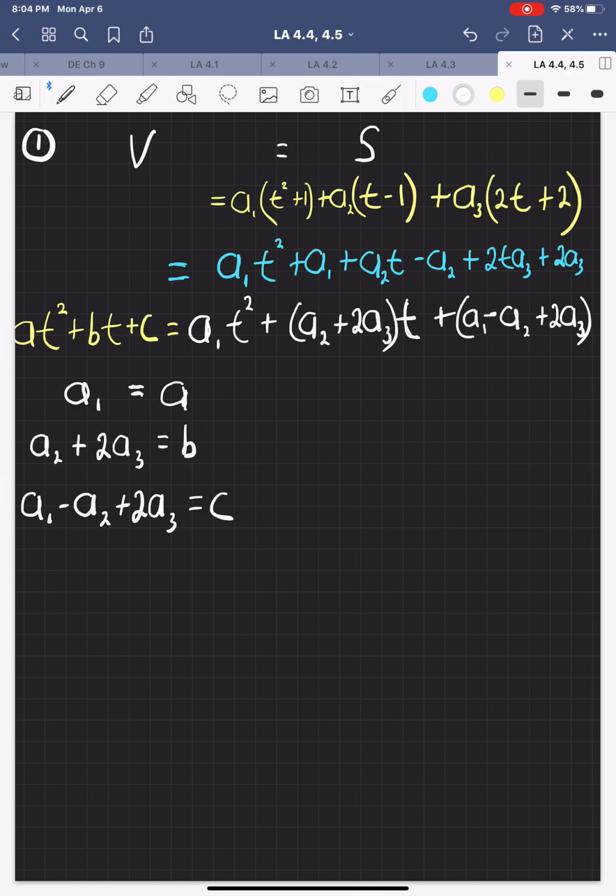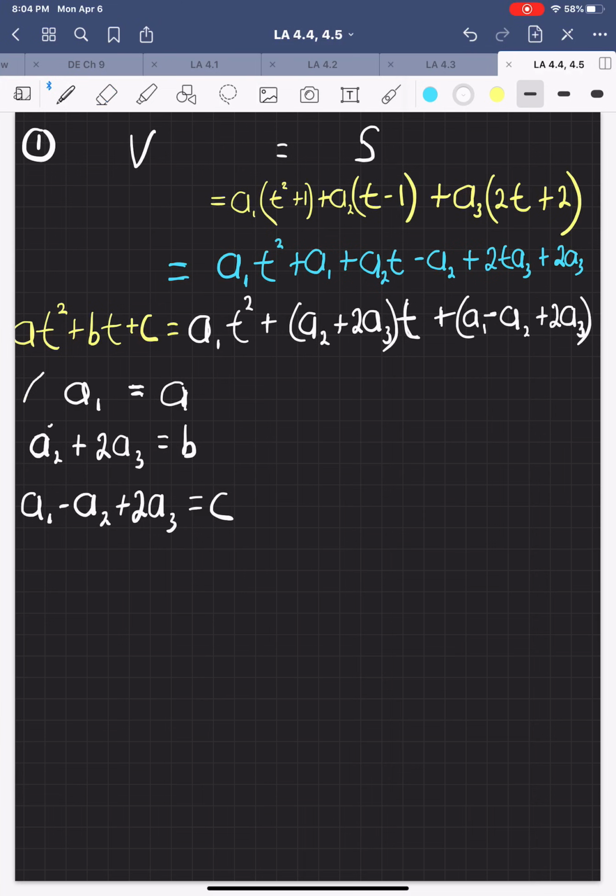All right. Now, let me finally show you what this new basis looks like, right? So let's get a view of what S looks like. This is a system of equations, right?